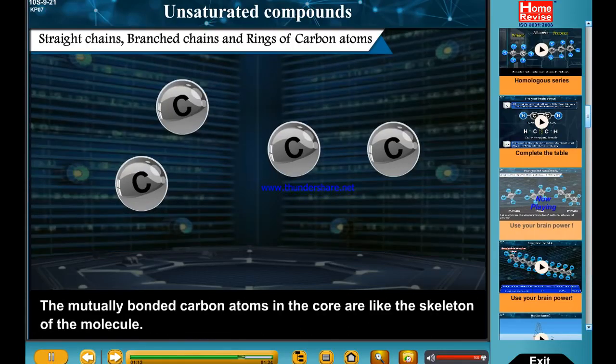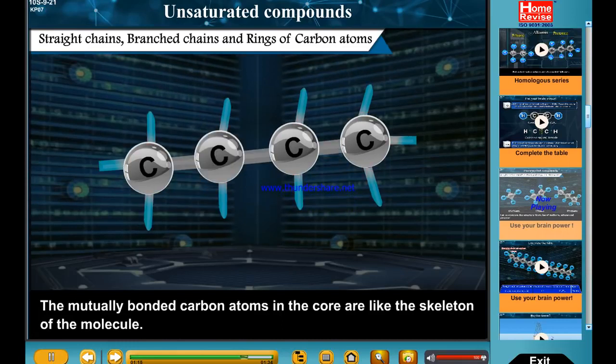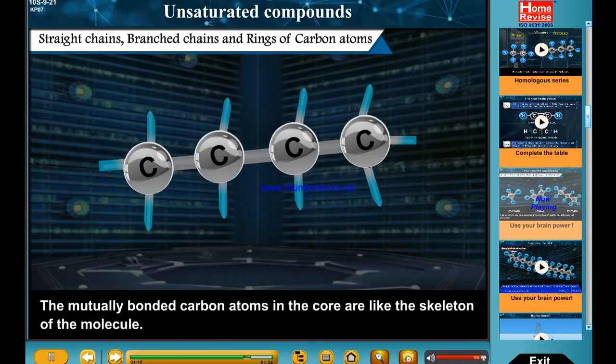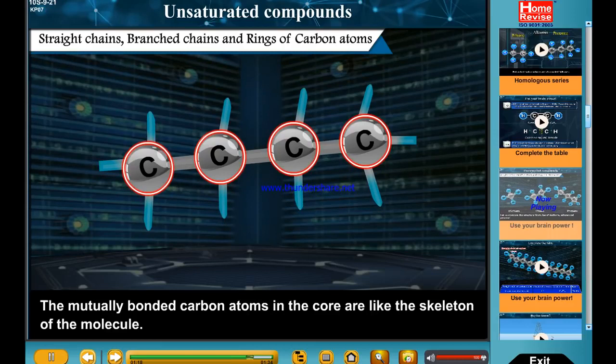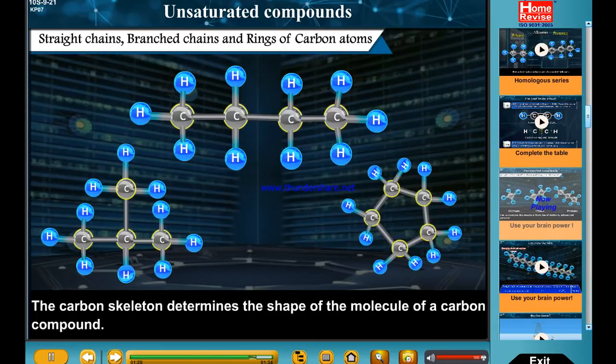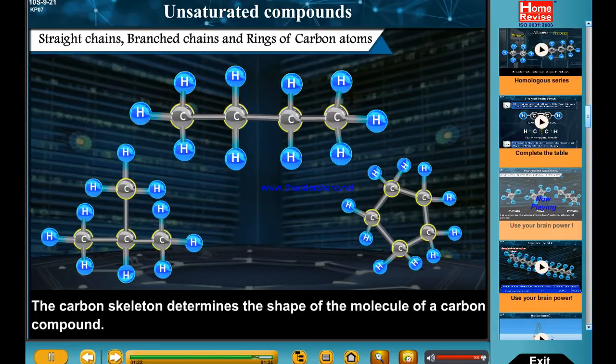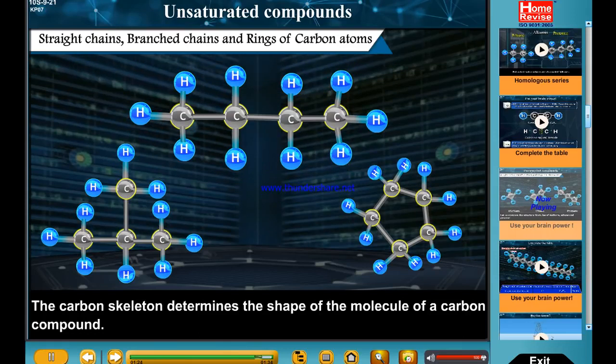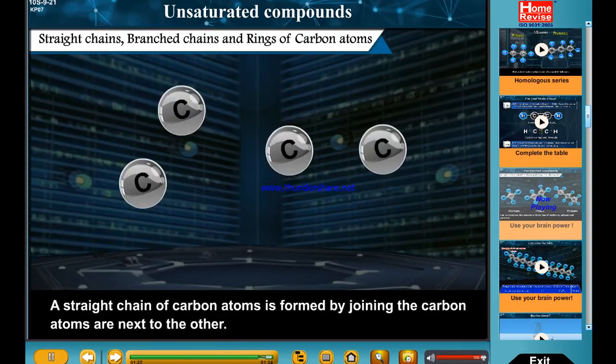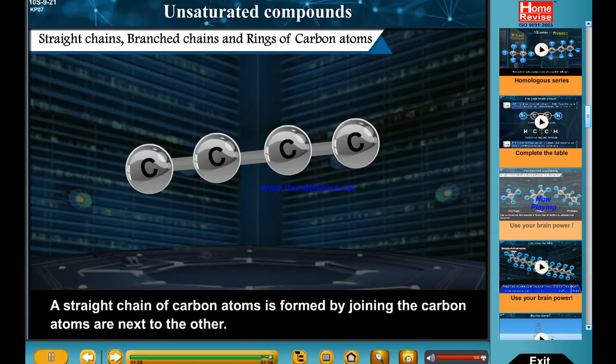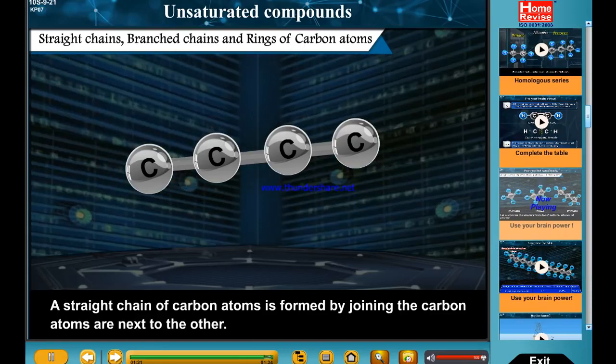The mutually bonded carbon atoms in the core are like the skeleton of the molecule. The carbon skeleton determines the shape of the molecule of a carbon compound. A straight chain of carbon atoms is formed by joining the carbon atoms one next to the other.